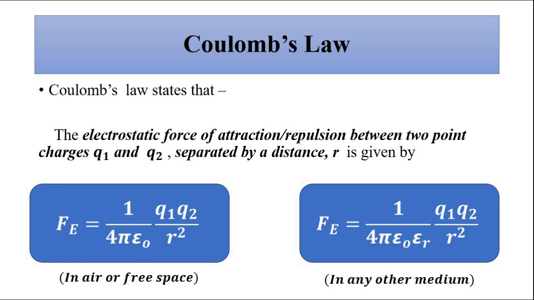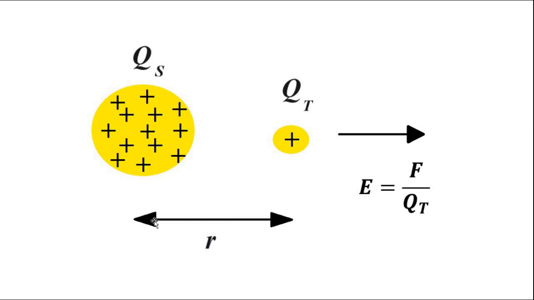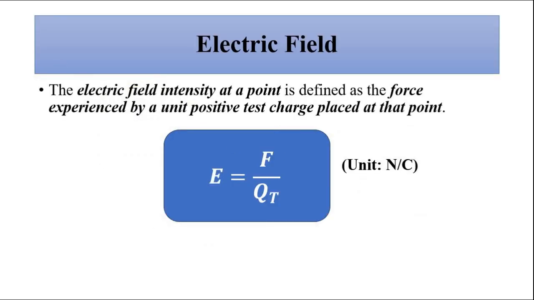Suppose we keep the same thing and we consider the two charges. One of them is the source charge and the other one is the test charge. The source charge is responsible for the production of the Coulombic force on the test charge, and as a result of that there will be an electric field. So here the concept of electric field comes. The electric field intensity or the electric field strength at any point is given by the force experienced by a unit positive test charge placed at that point.